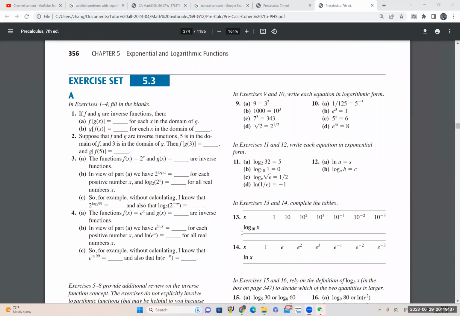As for exercises, you guys can pick some, especially typical ones, and you'd better choose odd-numbered problems so you can check the answers.